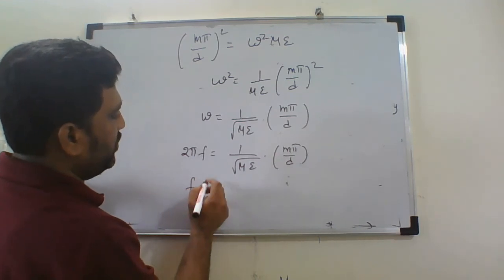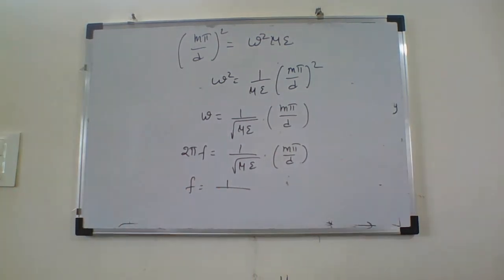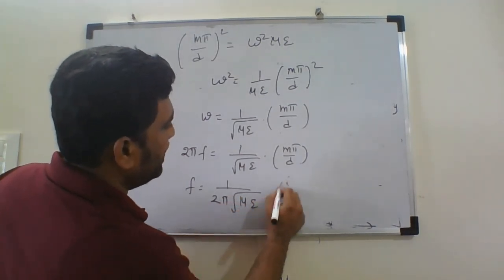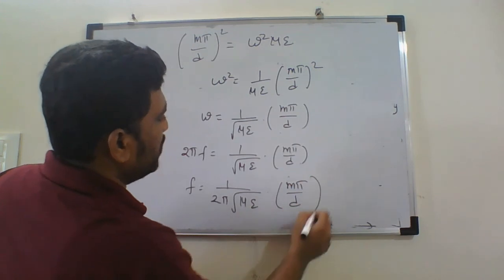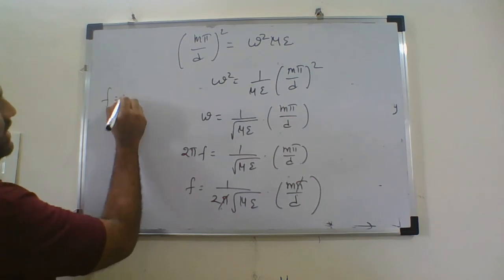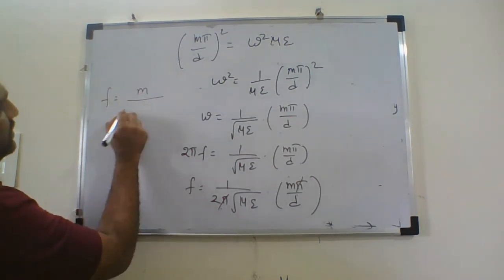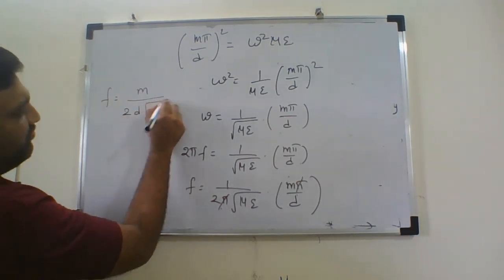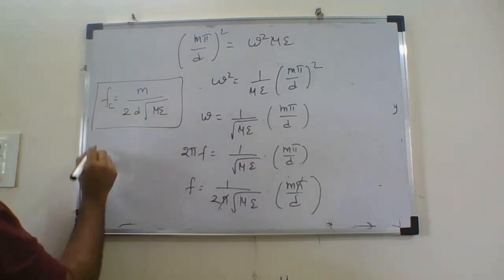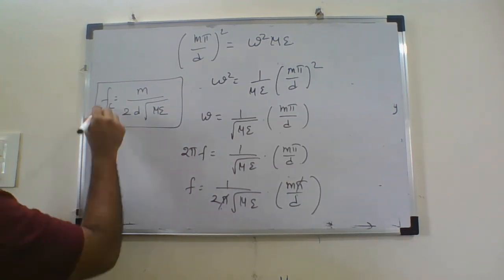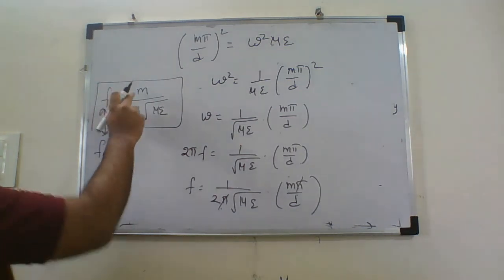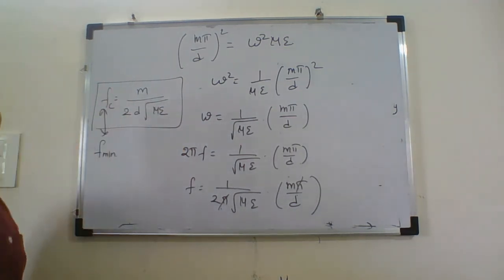So f is equal to 1 by 2 pi root mu epsilon into m pi by d. Pi gets cancelled, so I get f is equal to m by 2d root mu epsilon. So F minimum or F cutoff is given by m by 2d into root mu epsilon.